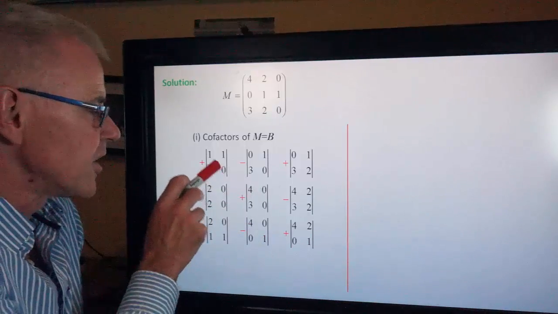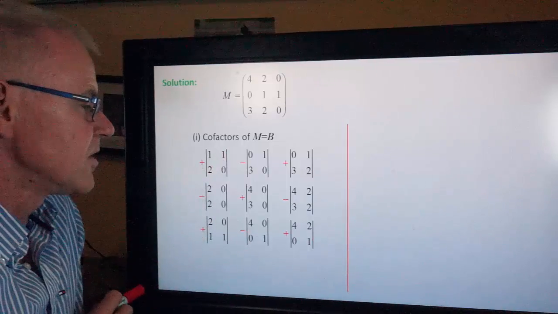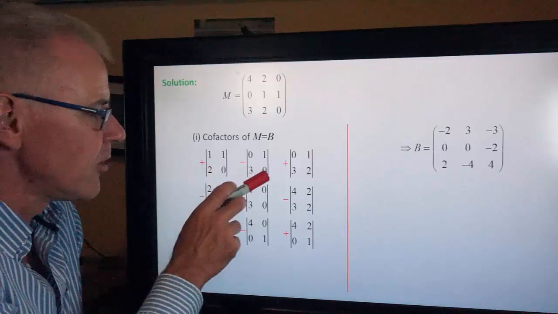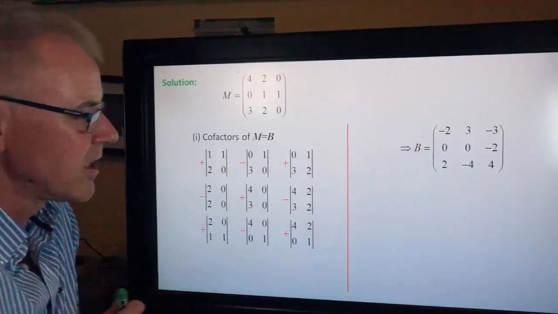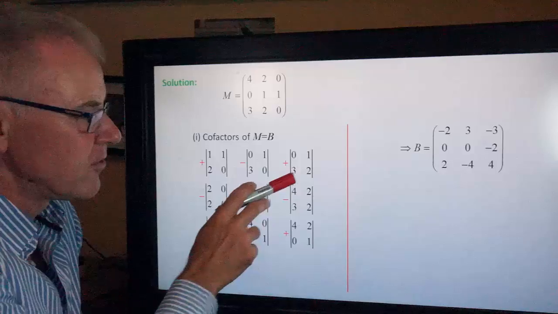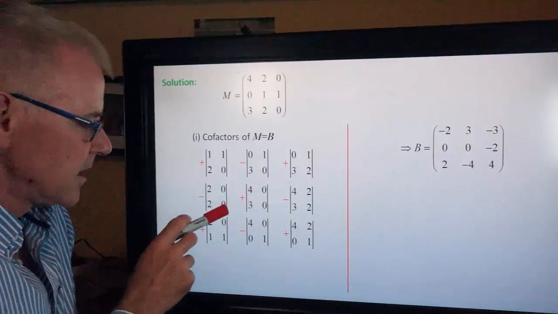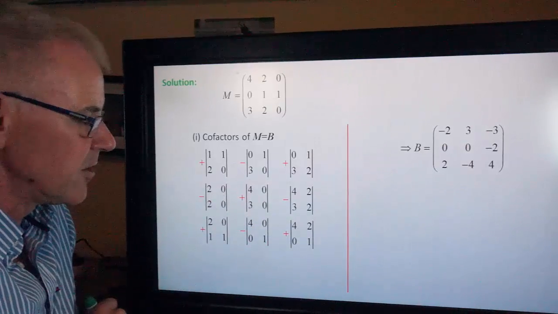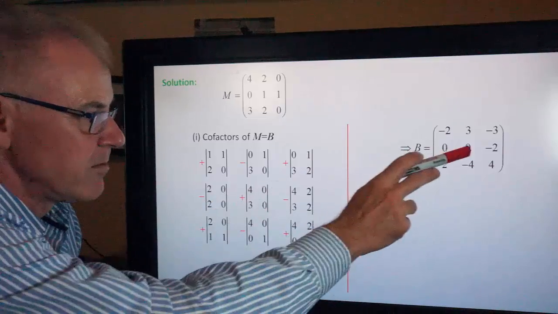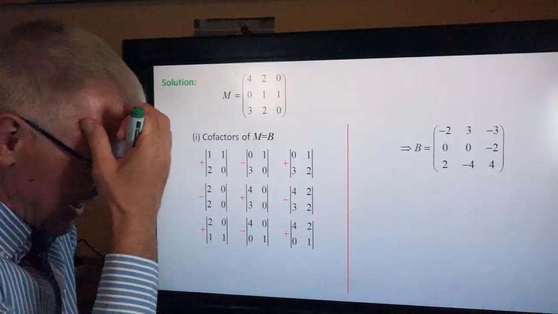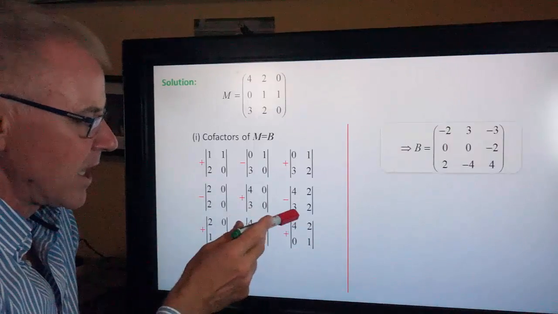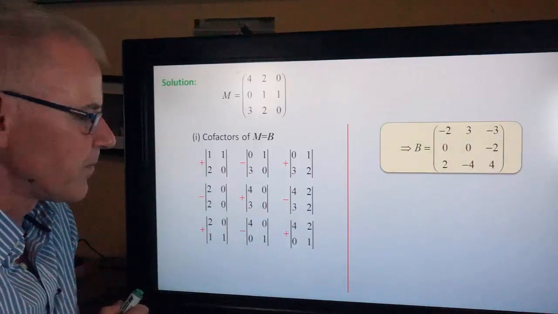So here we'll have 1 minus 2, which will just be minus 2. Here we'll have 0 minus 3, and minus 3 by minus 1 will give us plus 3. This will be 0 minus 3, which will be just minus 3. This will be 0 minus 0, which will be 0. 0 minus 0, which will be 0 again. This will be 4 times 2, 8 minus 3. And then take into account the sign, which will be minus 1.